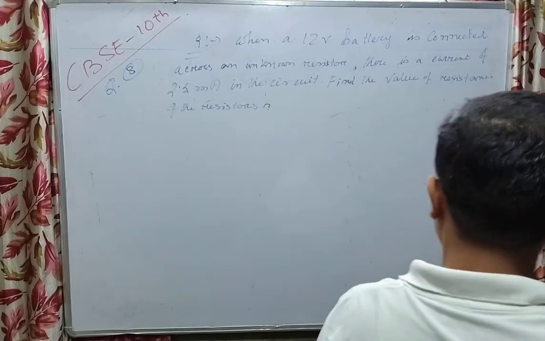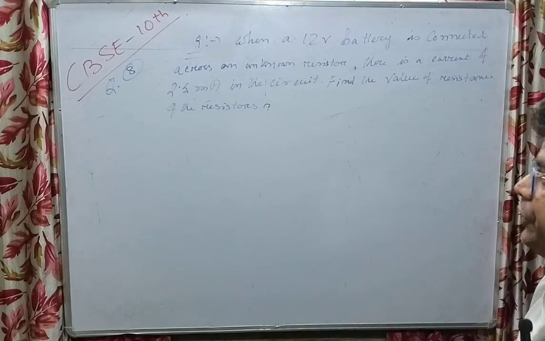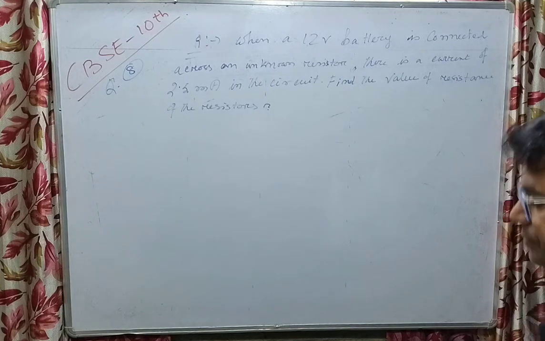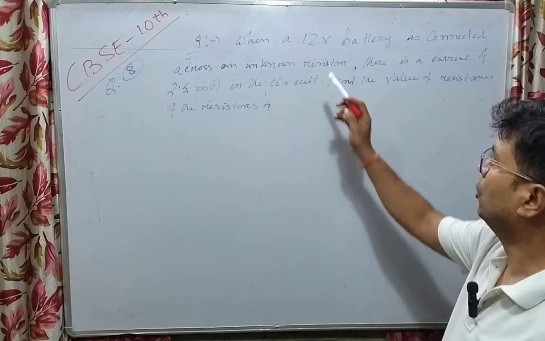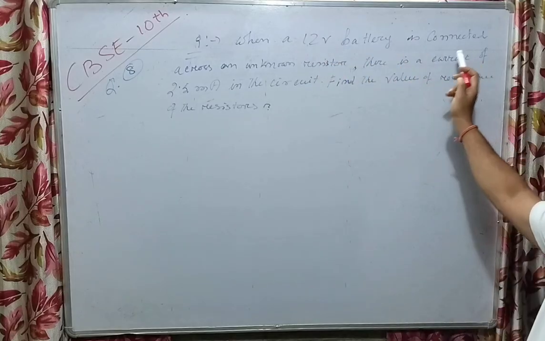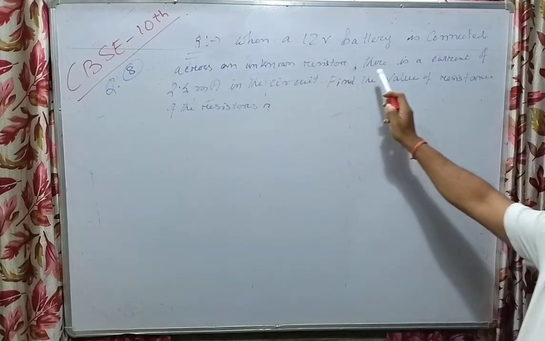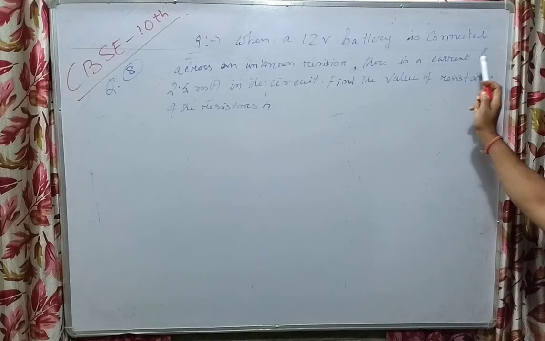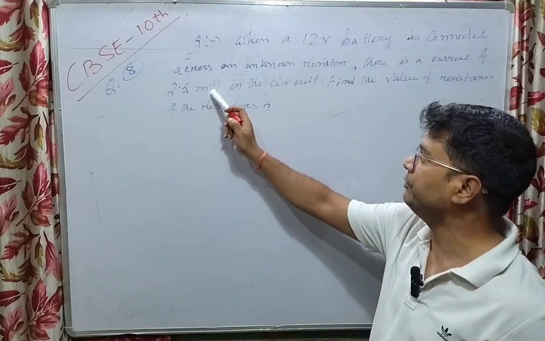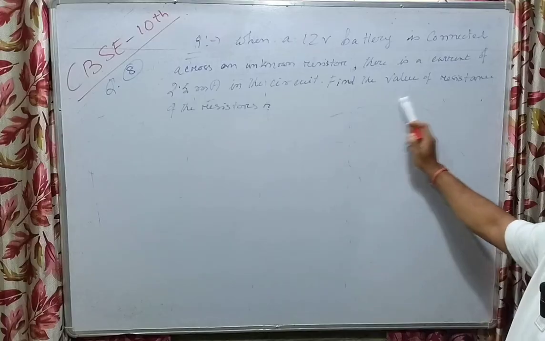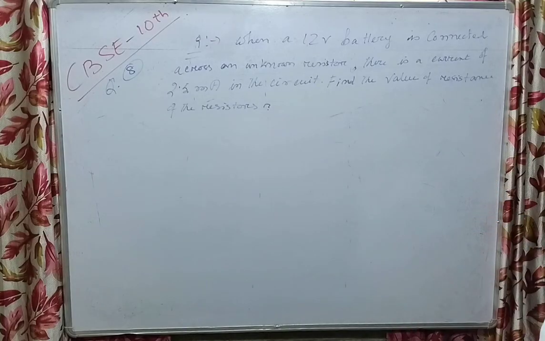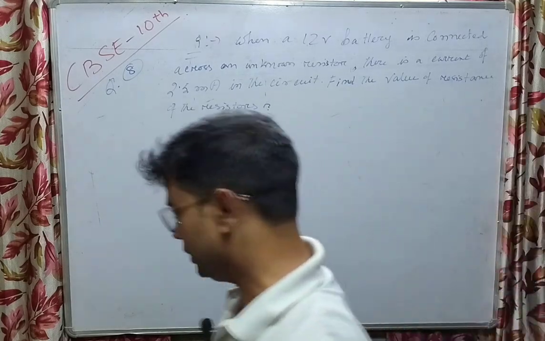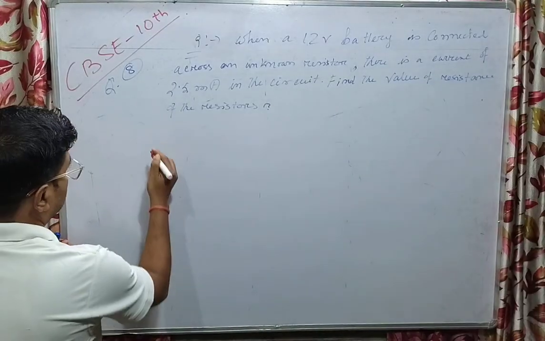The question number is 8. See, observe closely. When a 12-volt battery is connected across an unknown resistor, there is a current of 2.5 milliampere in the circuit. Find the value of resistance of the resistor. Now I am going to solve this problem.